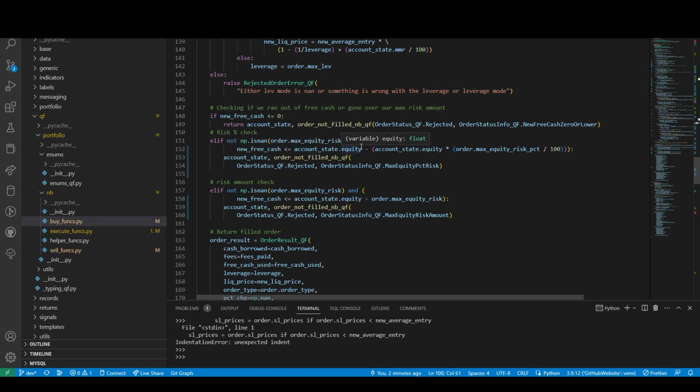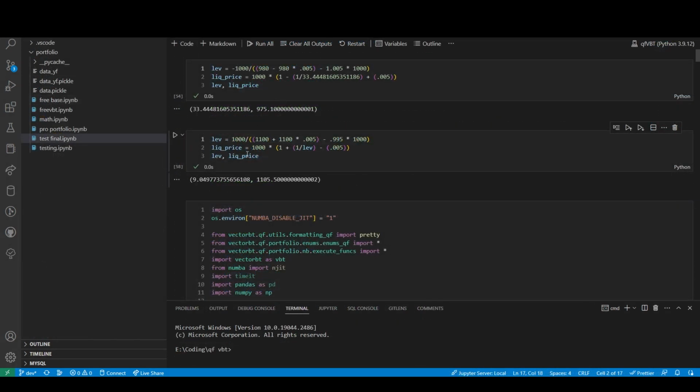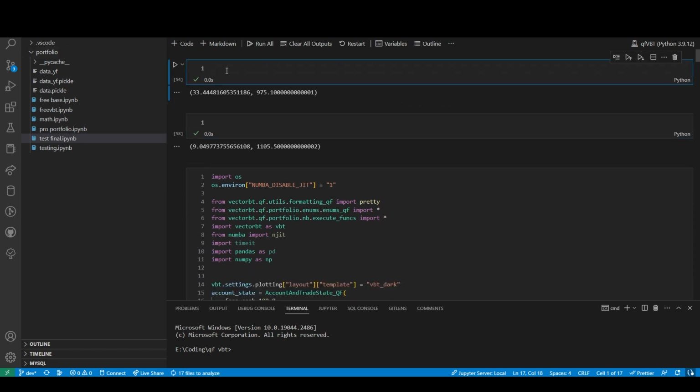New account state equity. So what is this about? So if our new free cash is less than, if I have $100 minus 100, what is this doing?